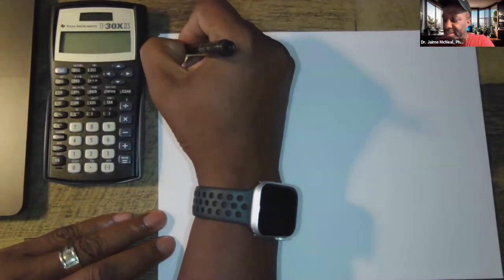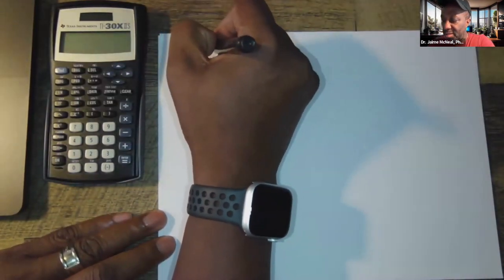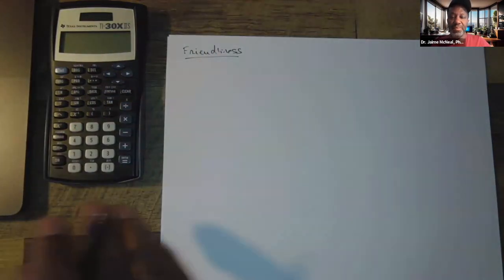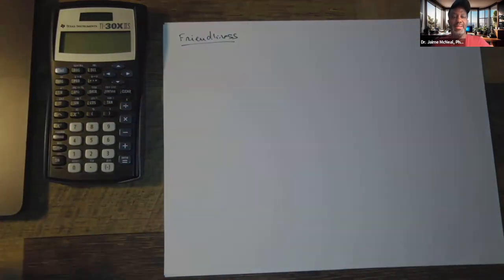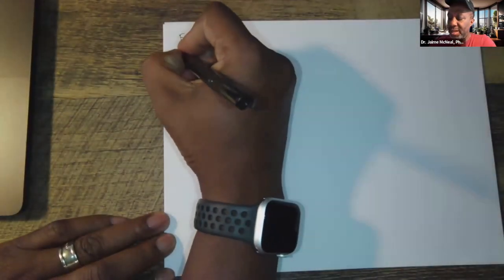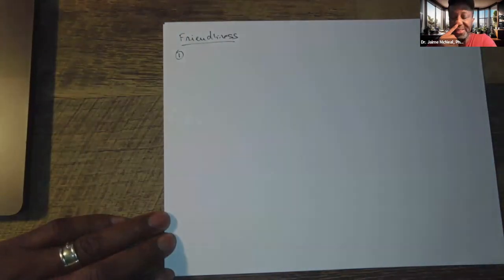Right, so let's start with we're looking at friendliness. Make sure you can see that. And we start with the null and alternative hypothesis.